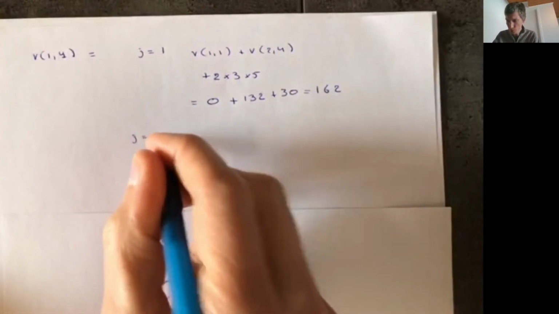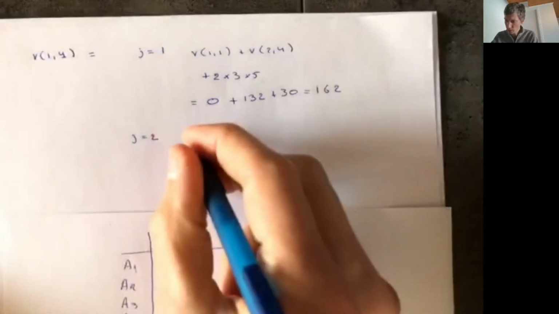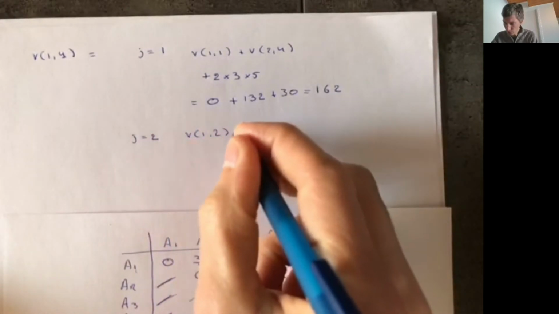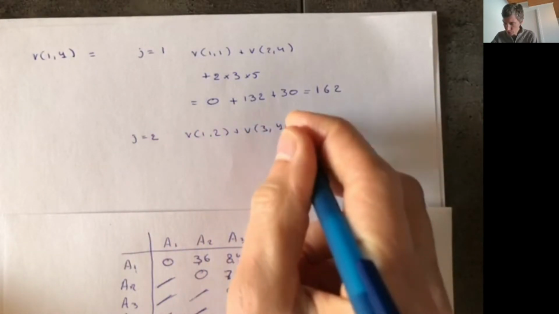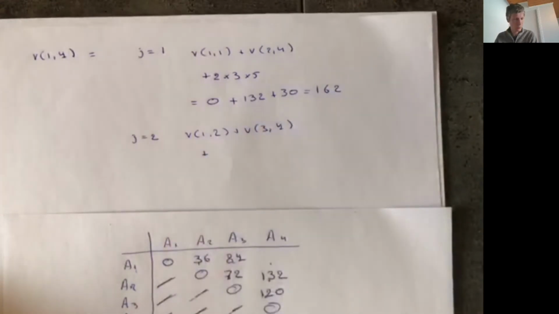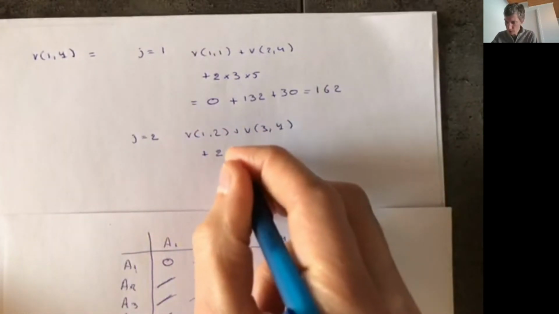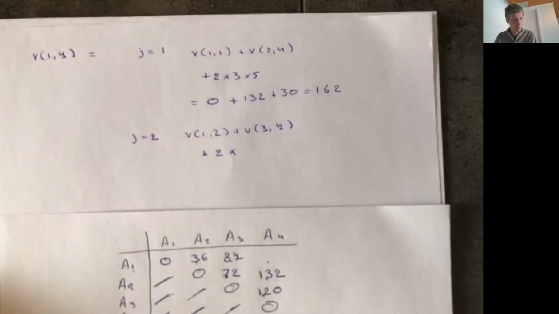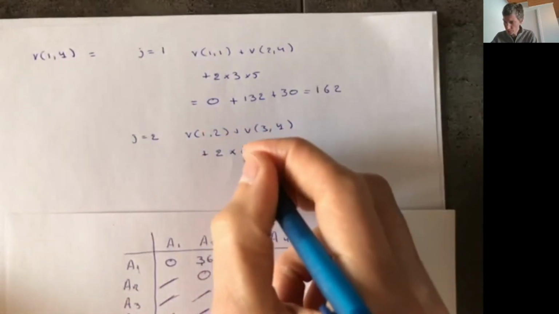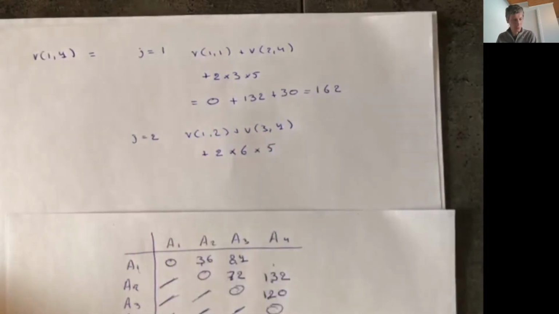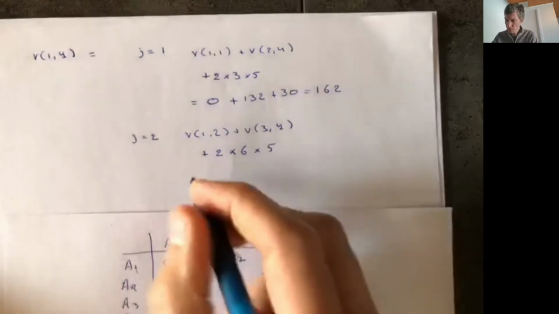If J is equal to 2, then we have V1,2 plus V3,4 plus the number of rows in matrix 1, which is 2, times the number of columns in matrix 2, which is 6, times 5, the number of columns in matrix 4.